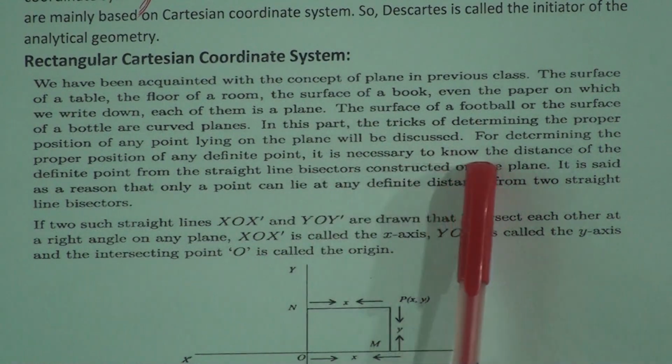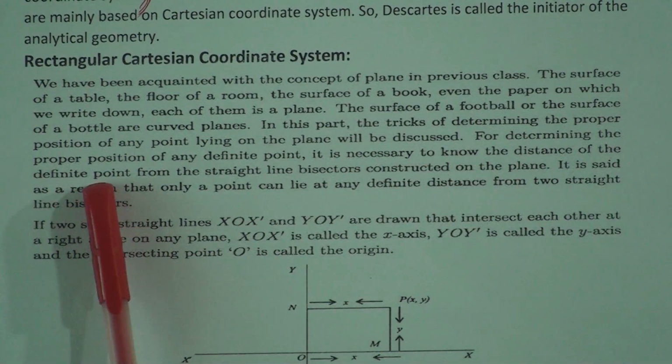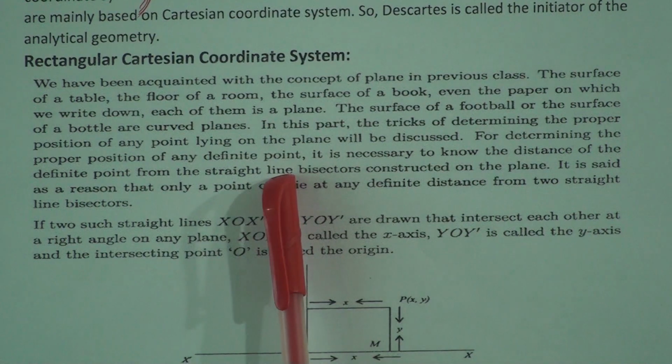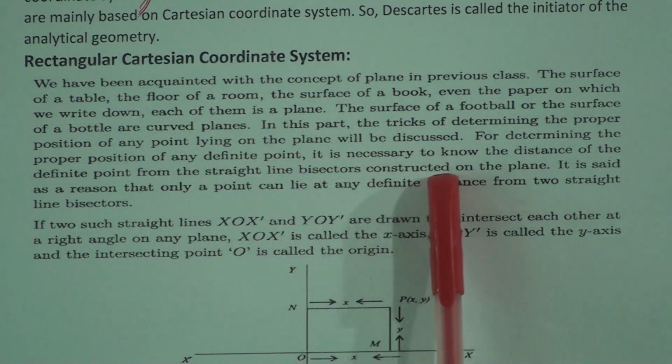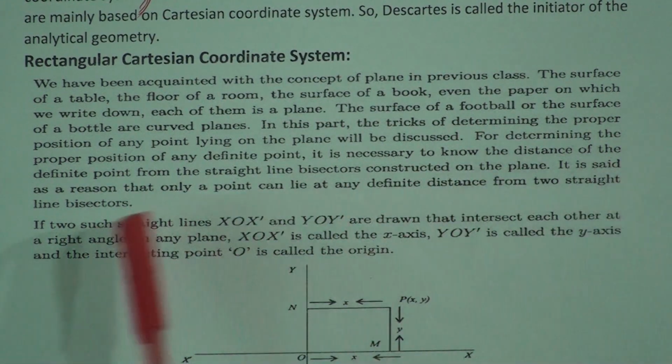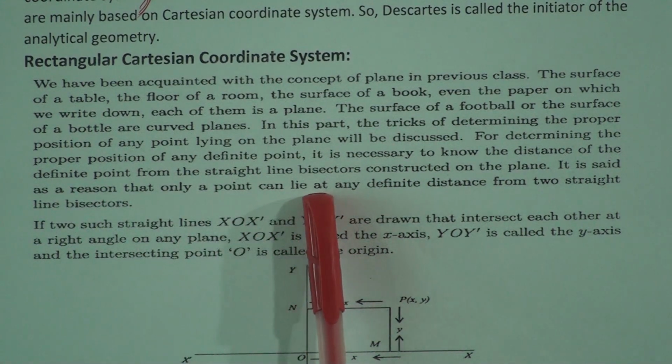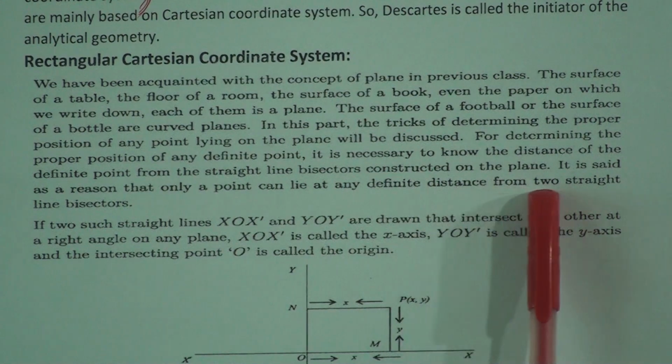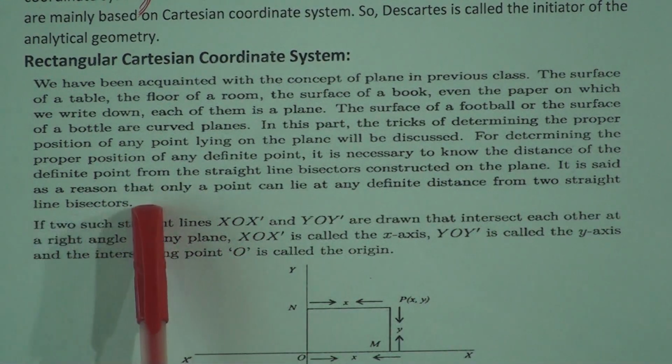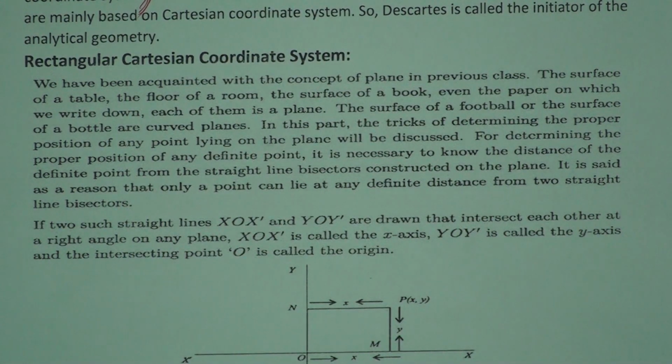It is necessary to know the distance of the definite point from the straight line bisectors constructed on the plane. It is said that only one point can lie at any definite distance from two straight line bisectors. Okay, dear students, now I will explain this in this class.